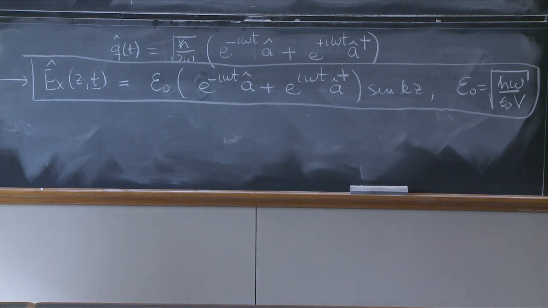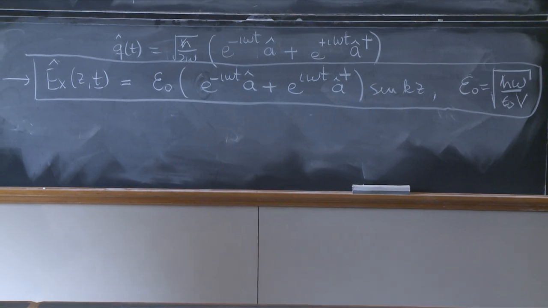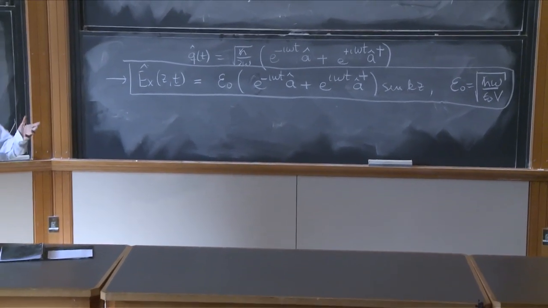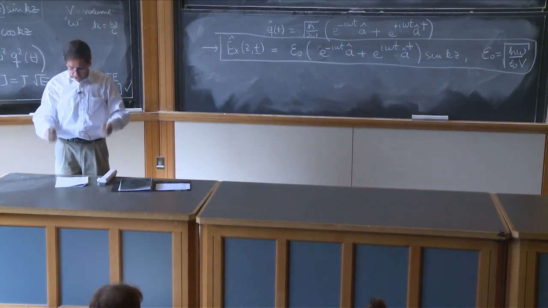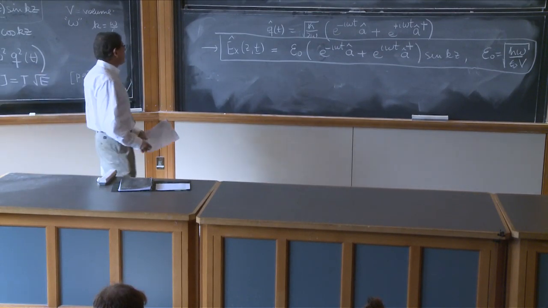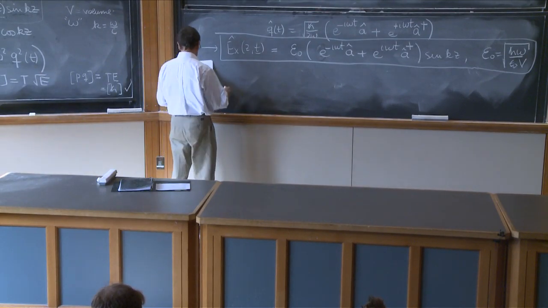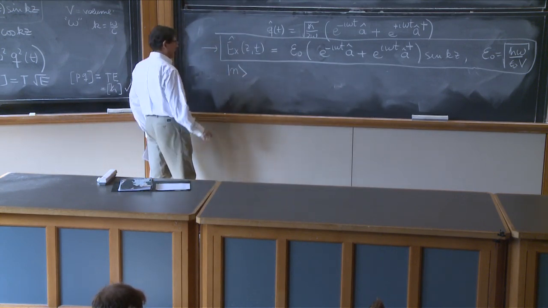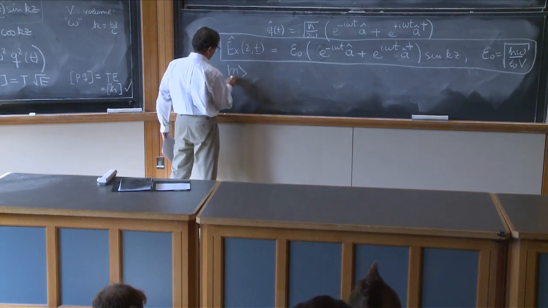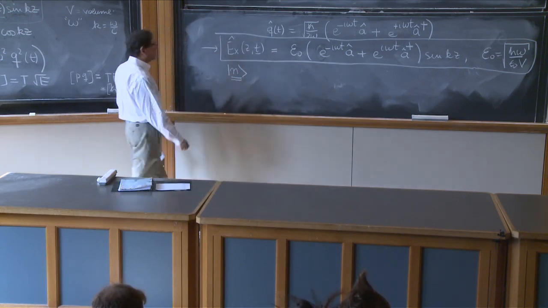So if we want to get intuition about this electric field operator, let's try to find its expectation value. It's an operator. The closest thing we can have an intuition about an operator is its expectation value. So very good. Let's take a photon state, an energy eigenstate of the harmonic oscillator of occupation number n.